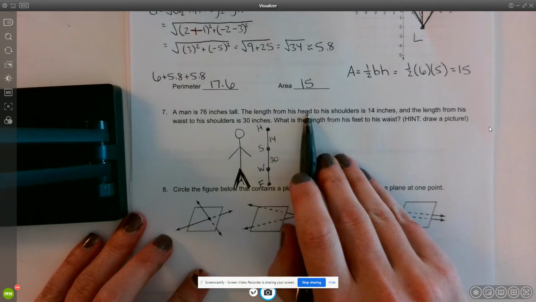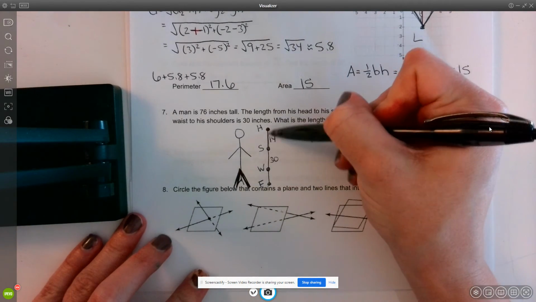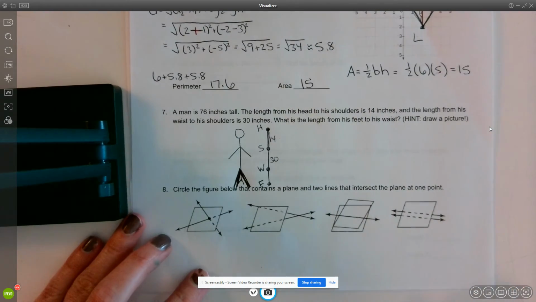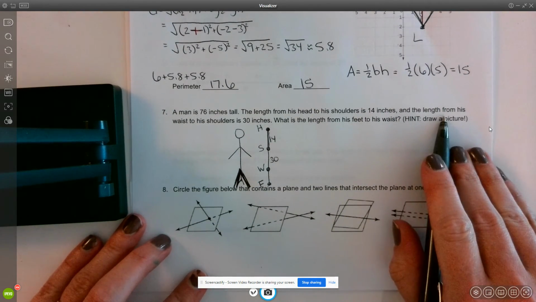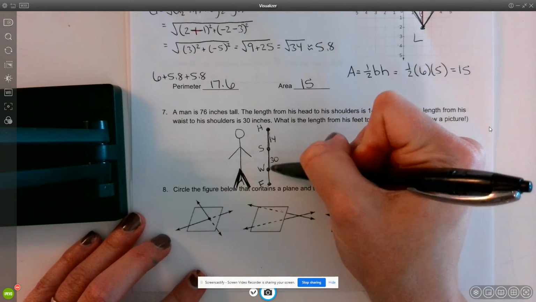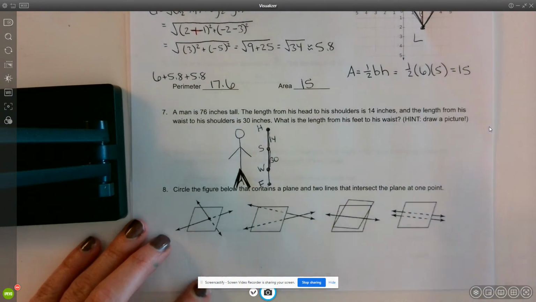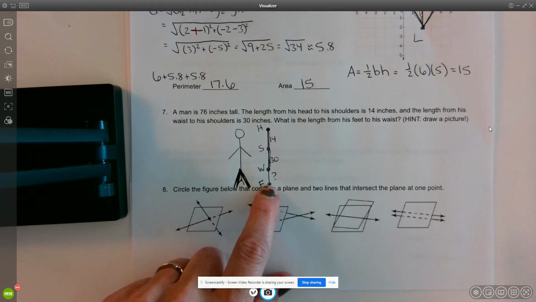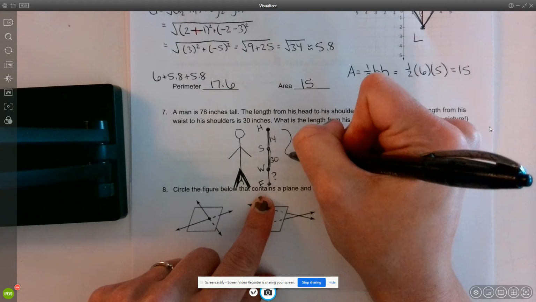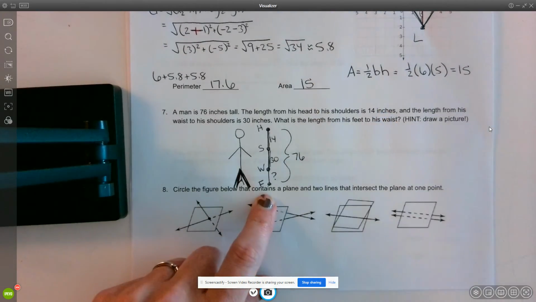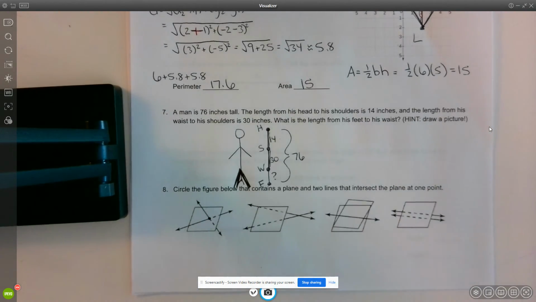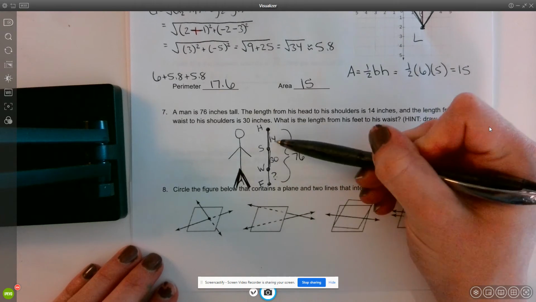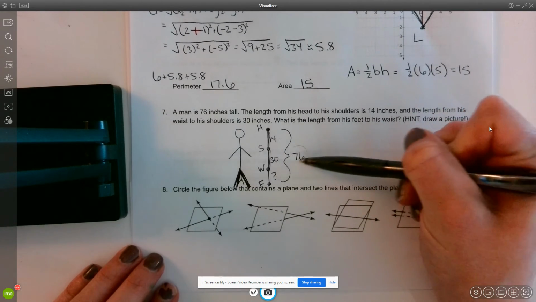The length from his head to his shoulders is 14 inches. The length from his waist to his shoulders is 30 inches. What is the length from his feet to his waist? Keep in mind, we also know this total length is 76 inches. So this is one of those problems where we need to use the segment addition postulate. We know that the pieces or the parts must add up to equal the whole.